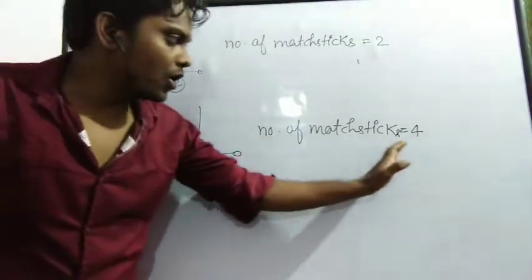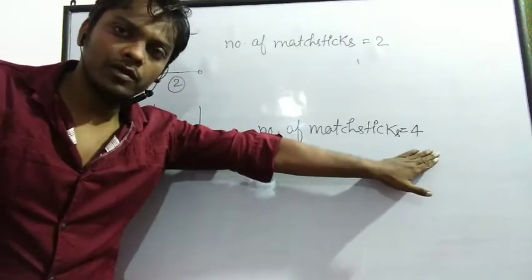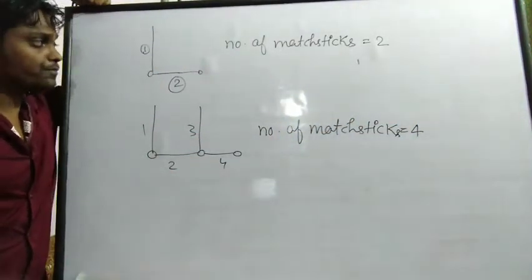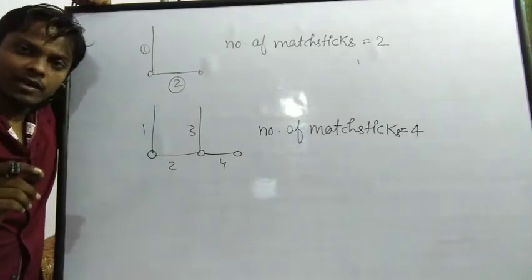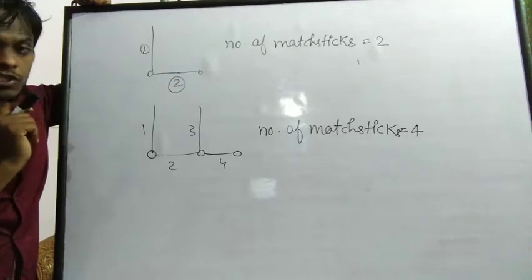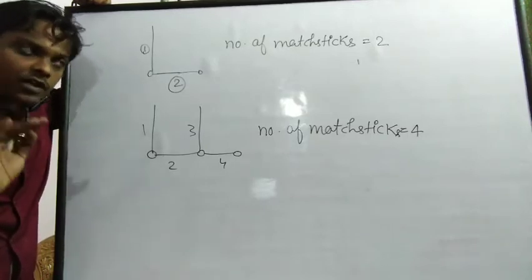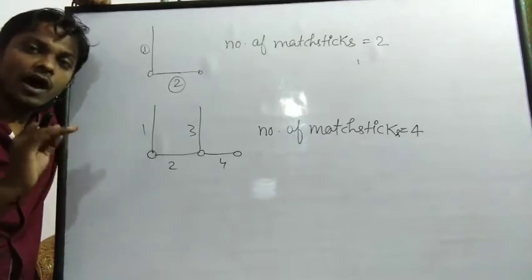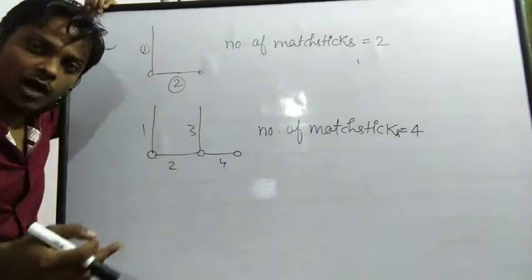The number required in 2 L's is 4. So how can we find the number of matchsticks required for the formation of 100 L's? Let's see how we can create a formula for this.